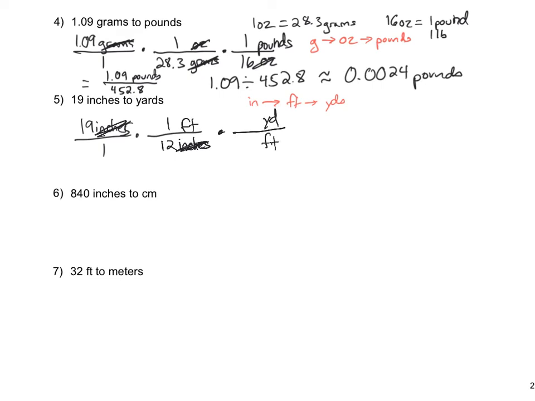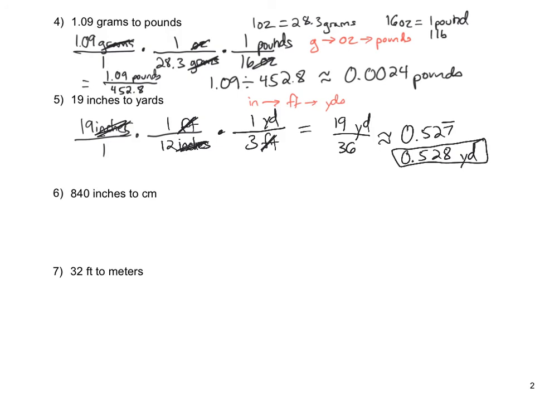We want feet to cancel, leaving us with yards. 3 feet is equal to 1 yard. And we have 19 times 1 times 1, which is 19, and the units are yards in the numerator. And then 1 times 12 times 3, which is 36 with no units in the denominator. And that gives me approximately 0.527 repeating, which we can round to 0.528 yards.